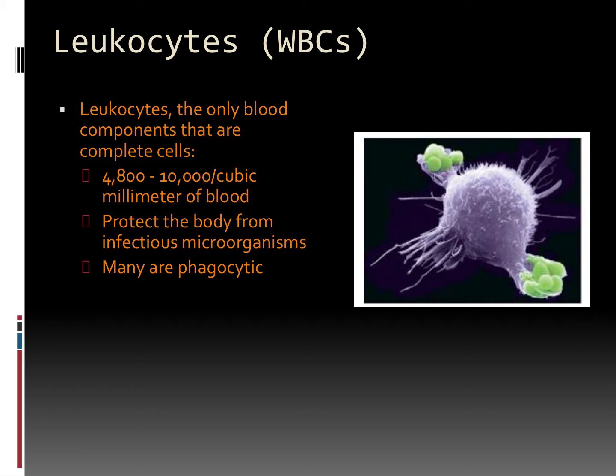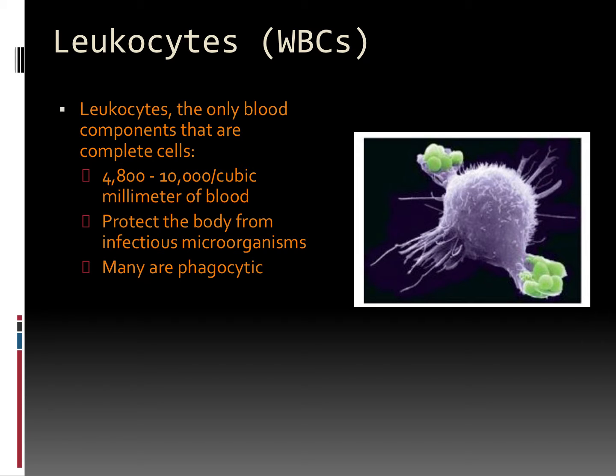So, leukocytes, or white blood cells, are the only blood components that are complete cells, like you would have learned about in biology. So they have a nucleus, they have mitochondria, they have Golgi, all of those things that you remember, maybe, from biology.